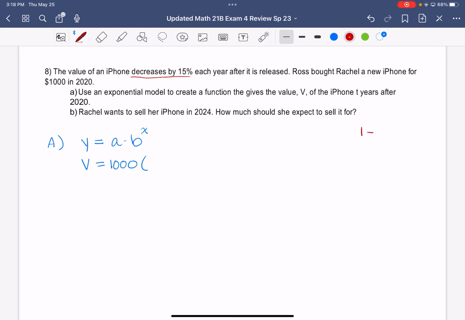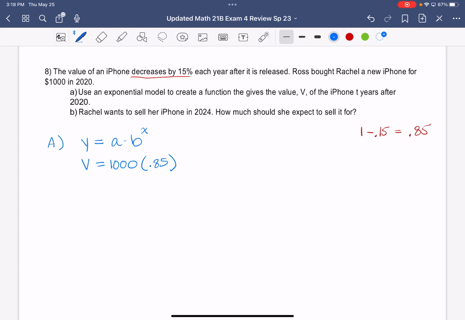And it's decreasing by how much? 15%. But then let's rewrite that as a decimal. 1 minus 0.15 is 0.85. So our base is 0.85. Basically, this is saying that the initial value is $1,000, and then every year it only keeps 85% of its worth. And then to the power of what?